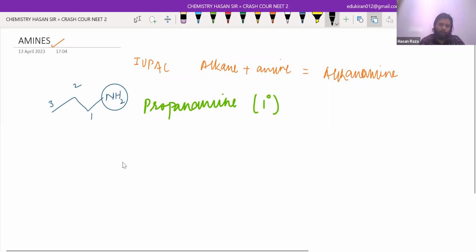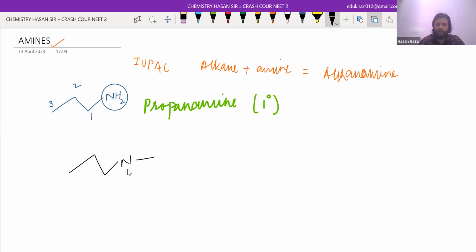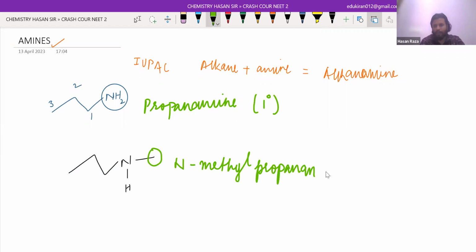Now, if you write it like this, there is a branch in this. For numbering, we write N-methyl, since we take this as a substituent. So N-methyl propane amine.